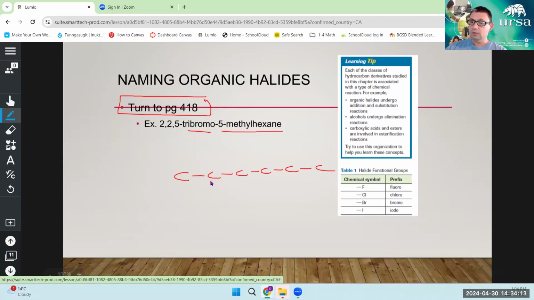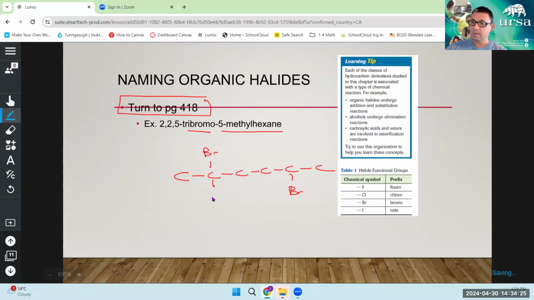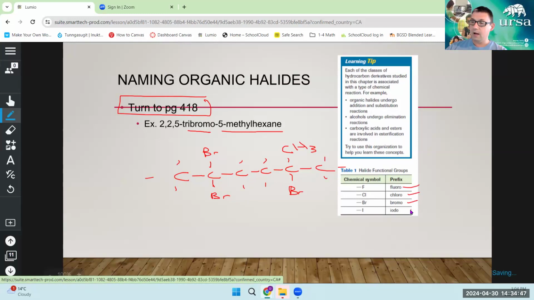At carbon 2, and carbon 2, and carbon 5, we have bromo, so bromines attached to it. We also have at carbon number 5 a methyl group, a 1 carbon side chain. Of course, the rest are all hydrogens. There, fluorine, fluoro, chlorine, chloro, Br, bromo, and iodo.